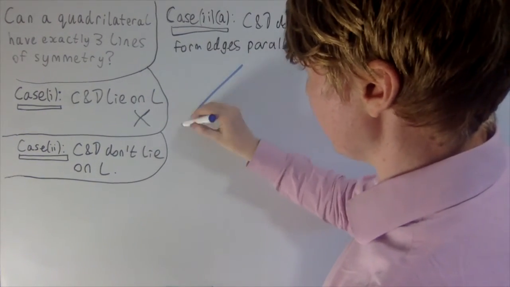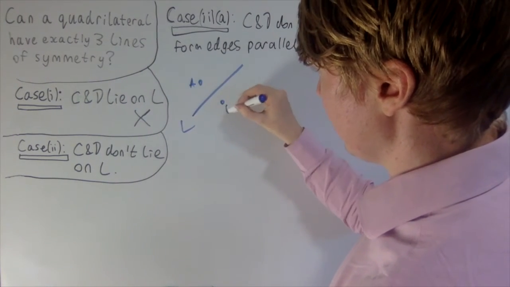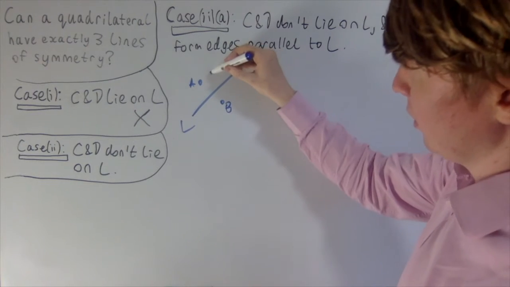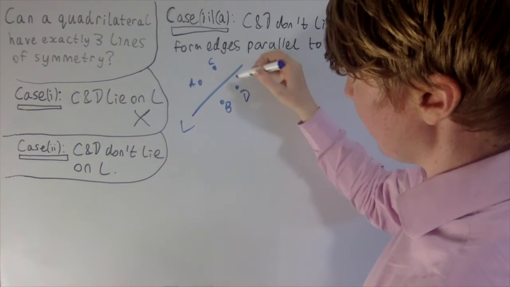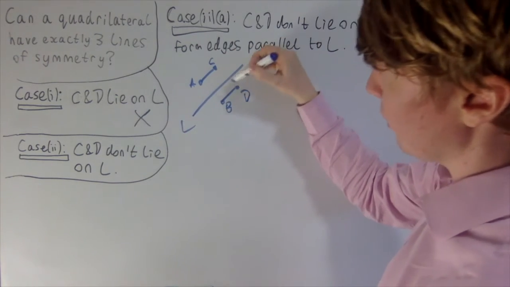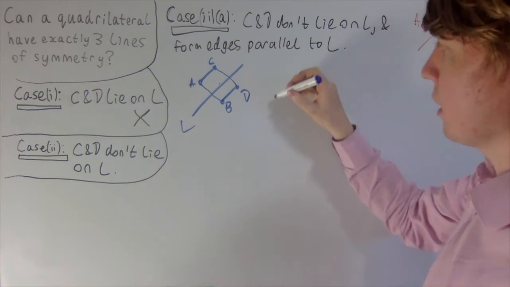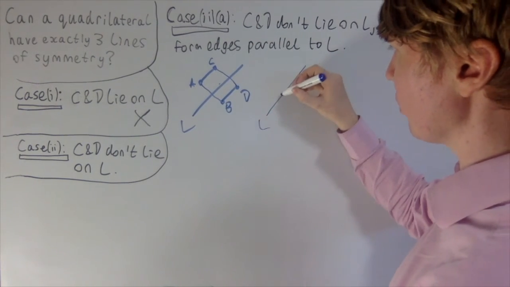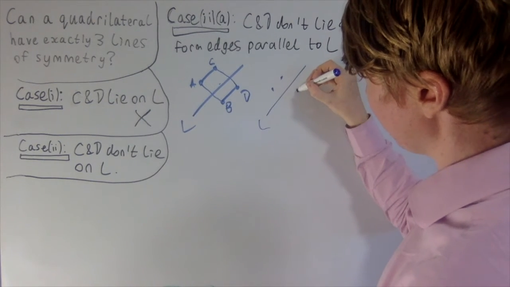Basically, you've got your line of symmetry L, you've got your A and B either side of it, and then perhaps you've got C up here and D down here, and they form edges which are parallel to your line of symmetry L. And this gives you a rectangle, or it could also possibly give you, if you've chosen them just right, a square.